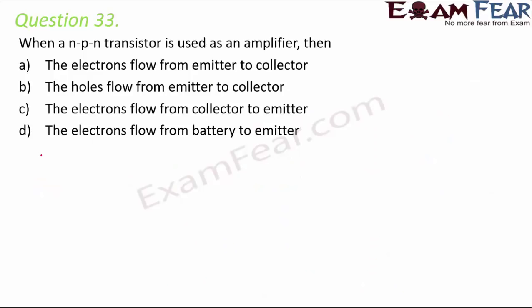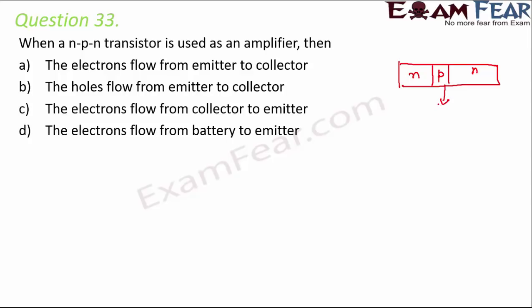Question number 33. When an NPN transistor is used as an amplifier, then electrons flow from emitter to collector, holes flow from emitter to collector, electrons flow from collector to emitter, or electrons flow from battery to emitter. Now, what happens in NPN? Let us say this is NPN. In NPN, electrons are the majority carriers, and we know that the base is very thin and lightly doped.